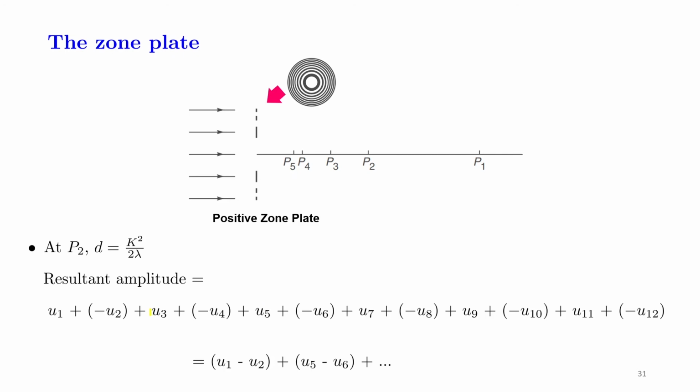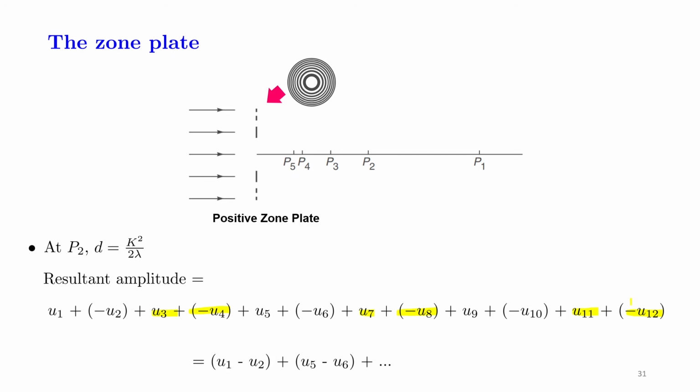When we place the screen at P2, the first zone or the first radius will consist of u1 and minus u2. u3 and minus u4 will be contained in the blackened region. u5 and minus u6 is contained in the second zone. u7 and minus u8 is contained in the blackened zone. Again, u11 and minus u12 is contained in the blackened zone.